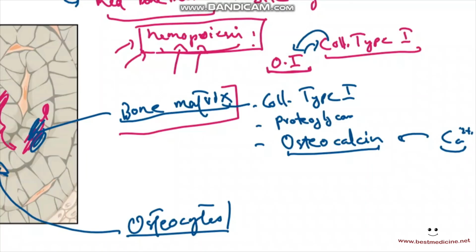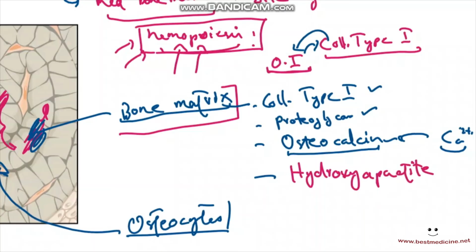So we have collagen type 1, we have proteoglycans, we have osteocalcin, and the most important part that is really rigid, the crystal part basically, are called hydroxyapatite crystals. These are crystals that are basically formed between calcium ions and phosphate ions, and we will study that in just a bit.